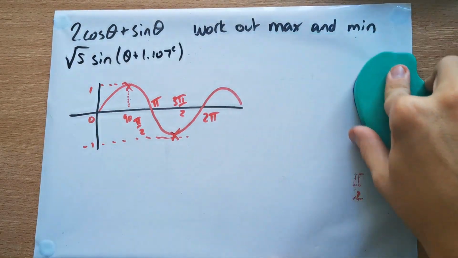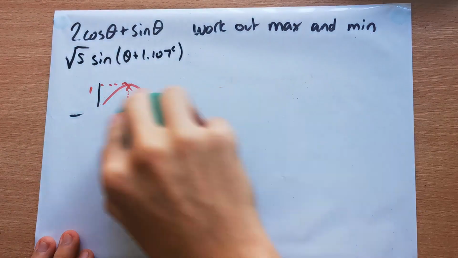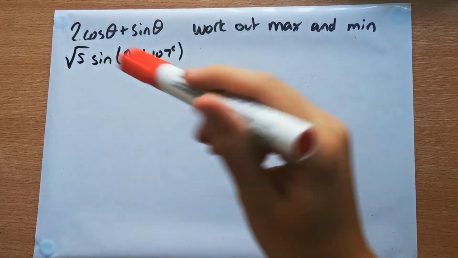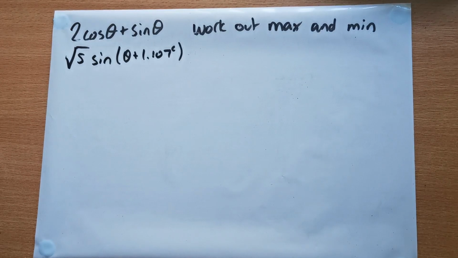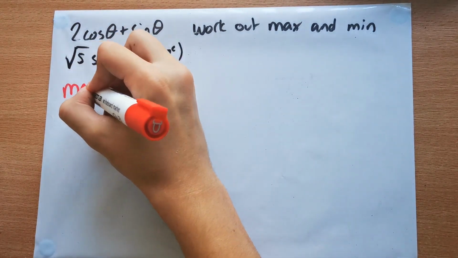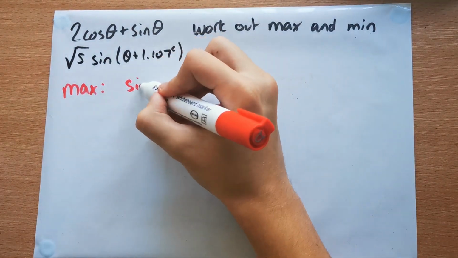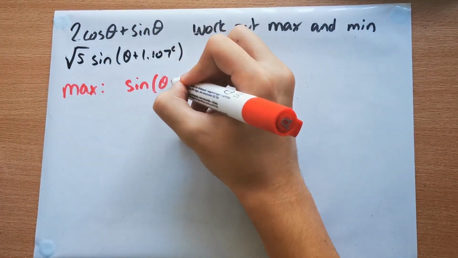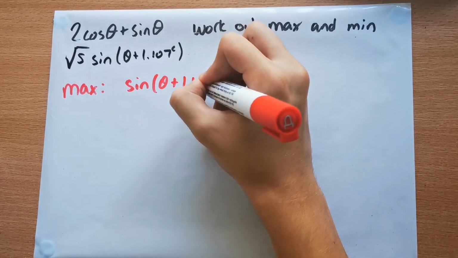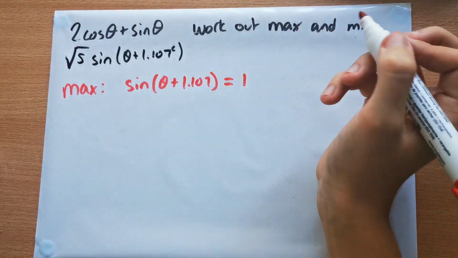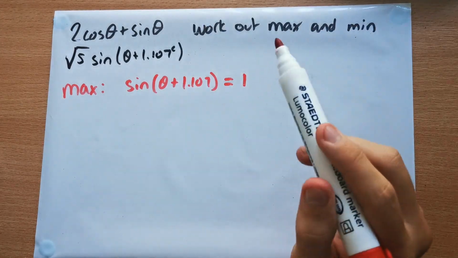But we have a slightly different equation which will look kind of like a sine wave, except it might be higher, might be lower, might start at different places. So to get the maximum, I'm looking for sine of theta plus 1.107 to be equal to 1, because that's the highest sine can go.